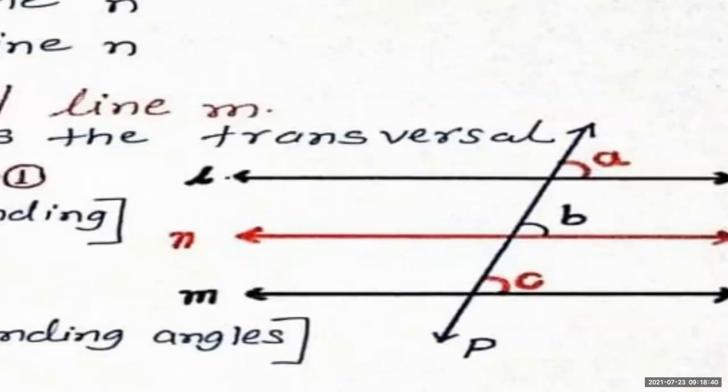The first two lines are given parallel. So if those are parallel, angle A and angle B are corresponding angles.